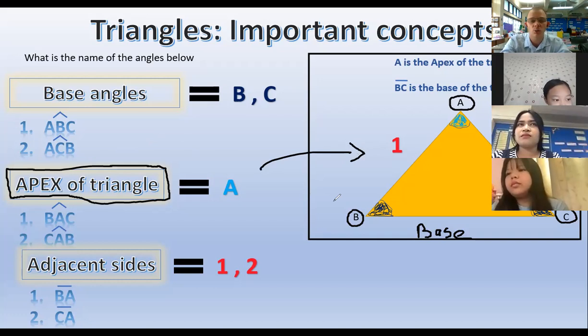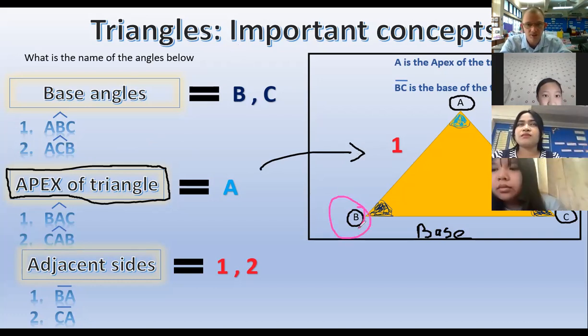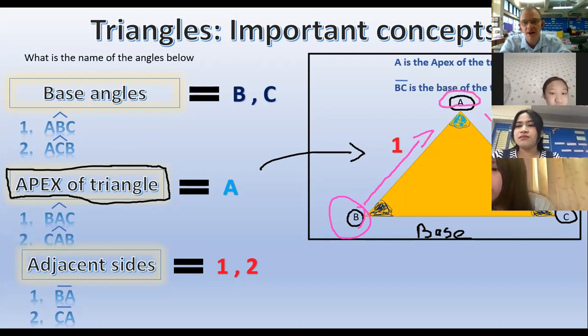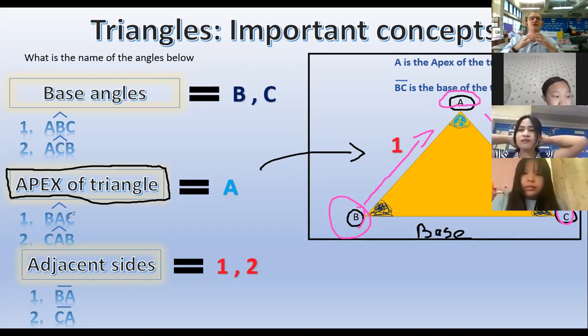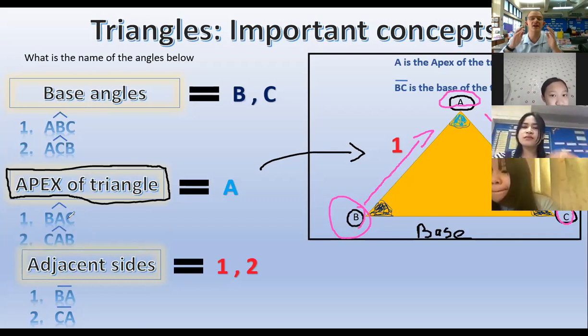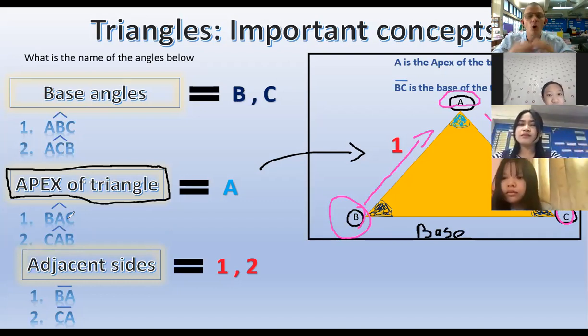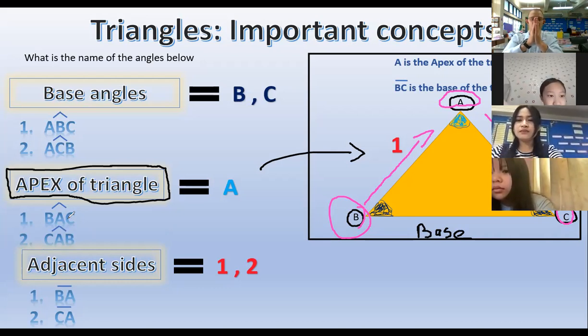We can first start with the B on the bottom here. Then we move towards the apex, which is the A, our second letter. And then we move back down to the last connecting line or side, which will be C. So that's why we'll write BAC, because A is the apex and the angle that we want to name is always in the middle.